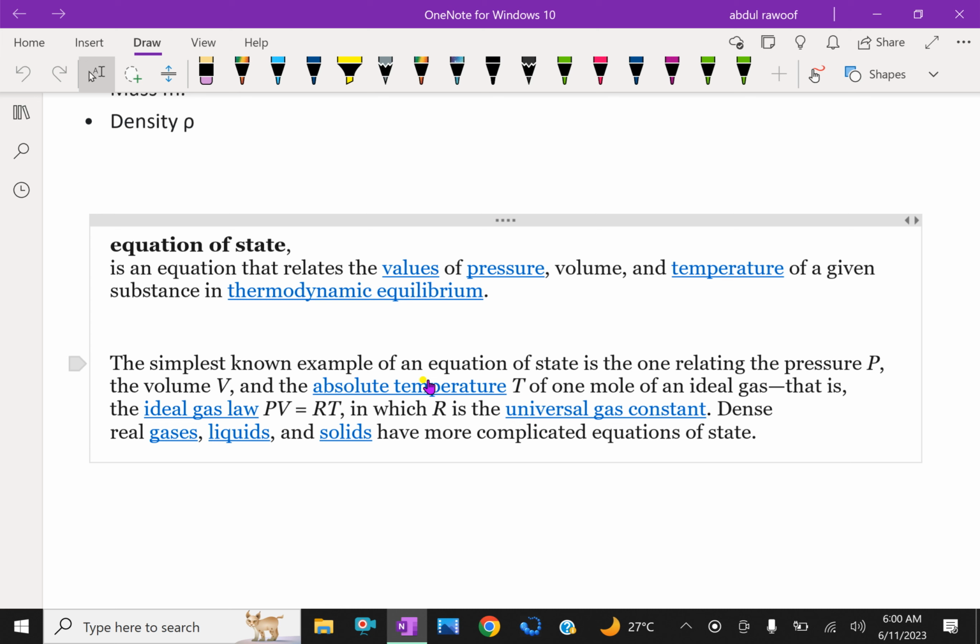With more precise measurements, it was found that the specific heat of water varies slightly with temperature. For a precise definition of the calorie, it was therefore necessary to specify the unit temperature interval. 1 calorie is defined to be the amount of heat required to raise the temperature of 1 kg of water from 14 degrees Celsius to 15.5 degrees Celsius.